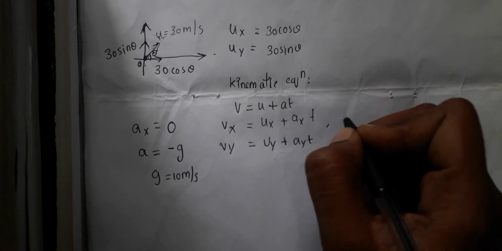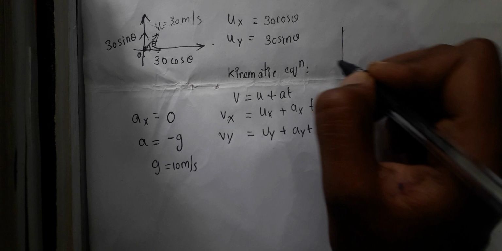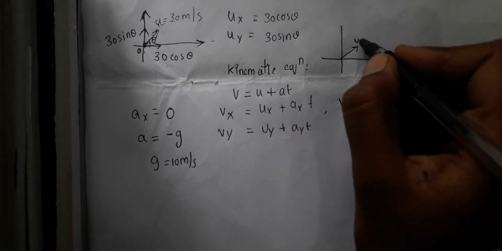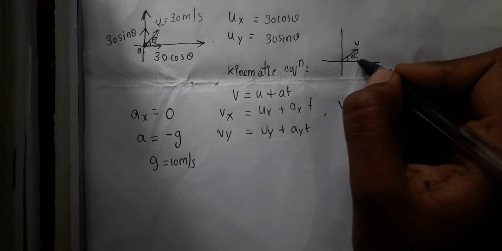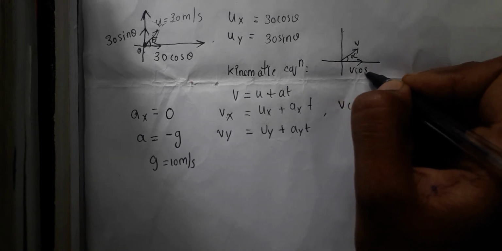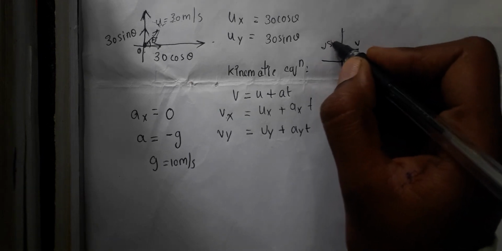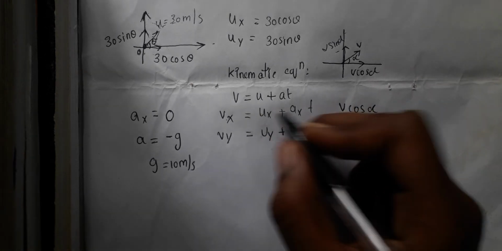So what will be vx? vx will be v cos alpha. Here is the motion after 1 second. If this is v and it makes an angle alpha, then this will be v cos alpha and this will be v sin alpha. That is why we are using v cos alpha as vx here.